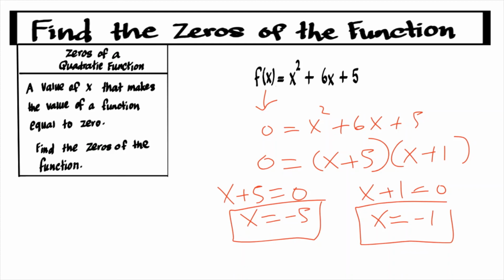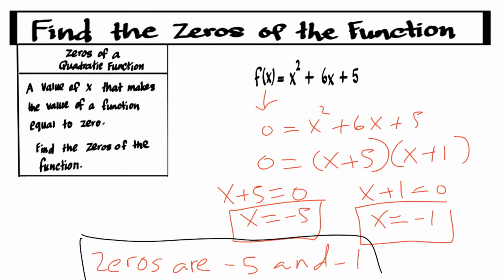So to find the zeros of a function when they give you the function, you just set the output as whatever you have, then set that equal to 0 and solve for x, and those two answers that you get are your zeros of the function. So your zeros are negative 5 and negative 1. So you would write it out as negative 5 and negative 1 are the zeros of the function.